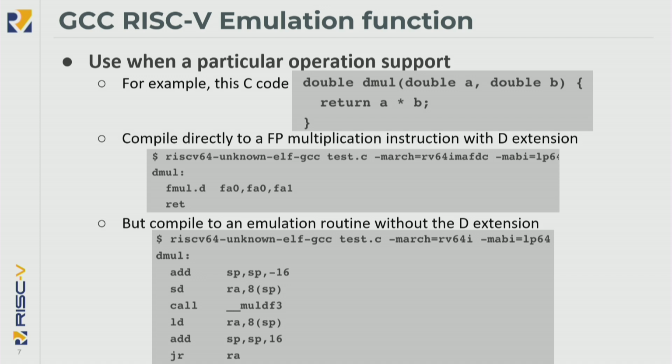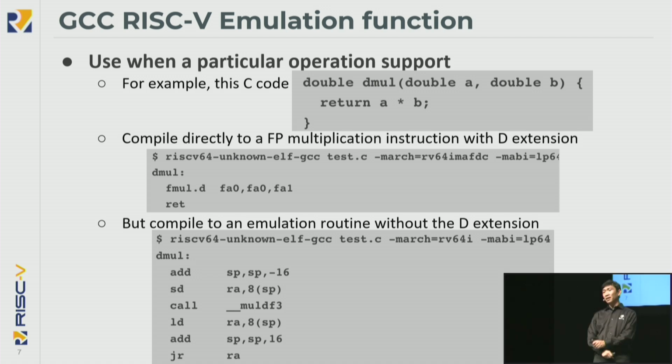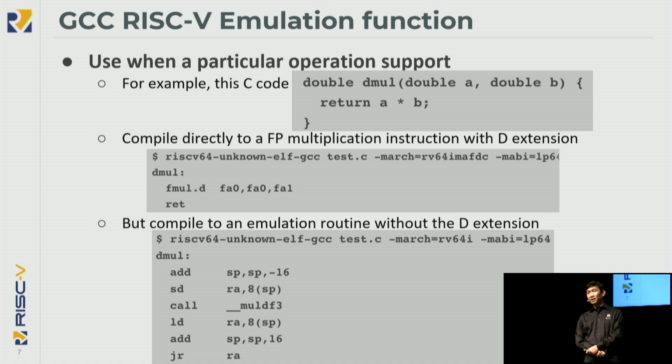This does not, however, preclude a processor that does not support double precision. Or in some cases, you don't want to use the hardware implementation, in which case an emulation function gets used.